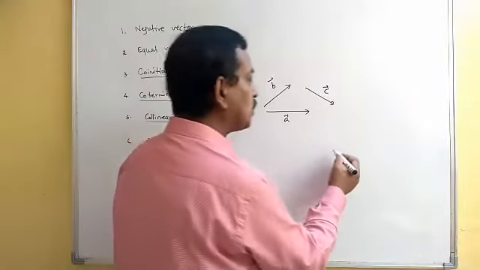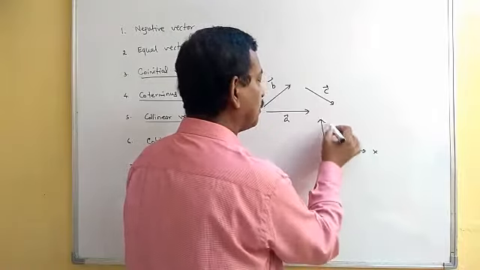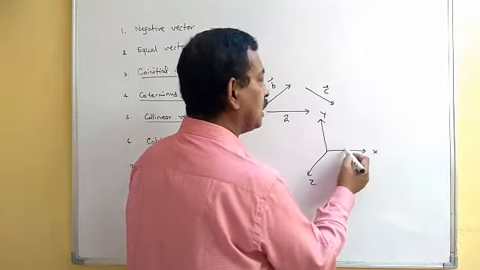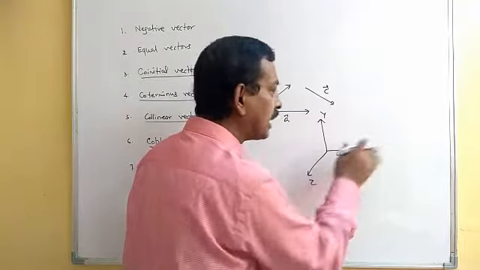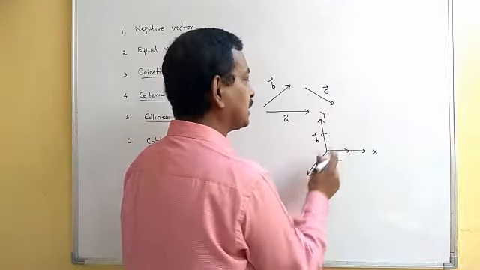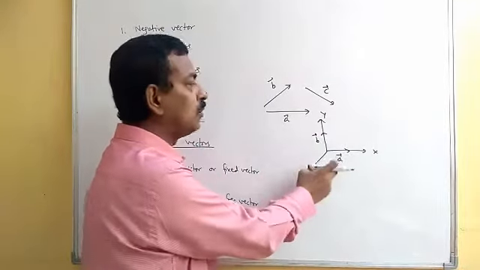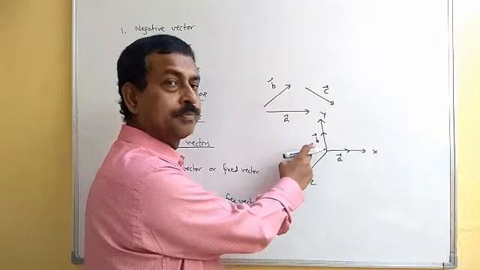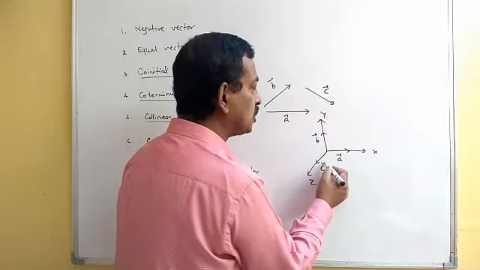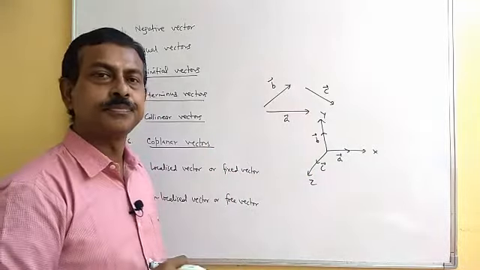Here, suppose I represent one vector along, say, x-axis. This is suppose y-axis, this is z-axis. Suppose I have a vector A along x-axis. Another vector B is along y-axis. So they are lying in the xy plane. So they will be coplanar in that. But if you consider another vector, suppose C, all are not coplanar.